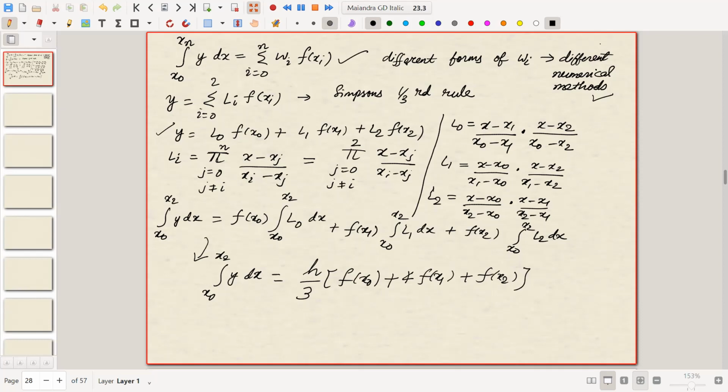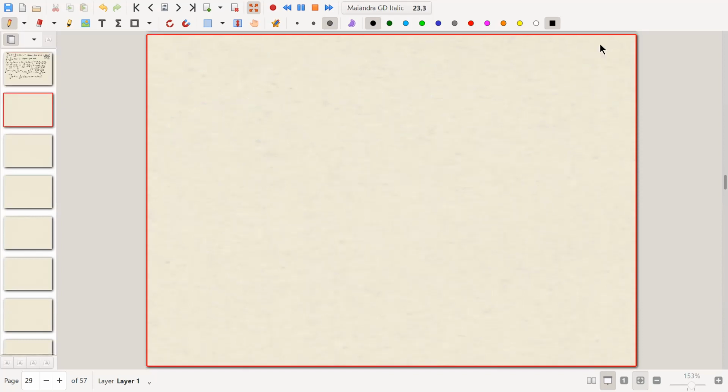For composite, what you will do is the starting point will be x1, x2, x3, then x2, x3, x4. Okay. So similarly, I want to compare the trapezoidal rule, but it's very simple. It's not that difficult. x0 to xn, y dx. Can you say to me what will happen?